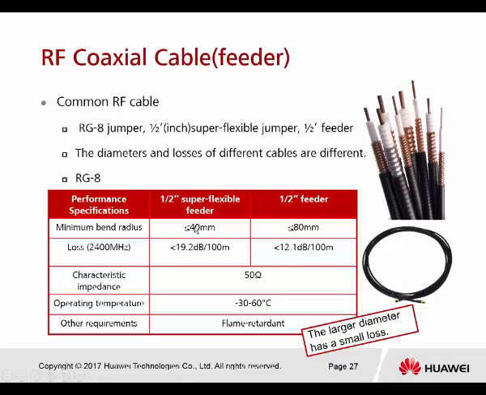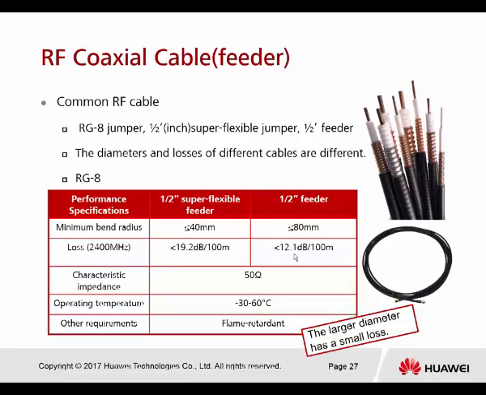If you're using the thin feeder line cable, it will cause high loss: every 100 meters, it causes 19.2 dB loss. If we choose the thick feeder, it only loses 12.1, because the thick feeder line has more protection and can cover the signal loss.